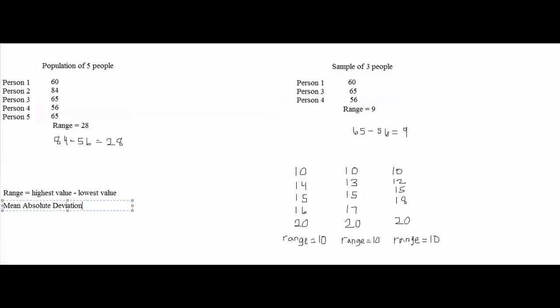And right now I'll list the steps to get the mean absolute deviation. First we have to find the mean of the data set. Next we have to subtract each data value by the mean, to get values called deviations.